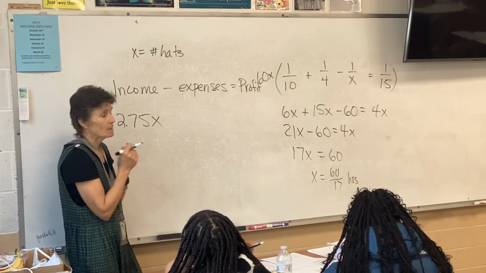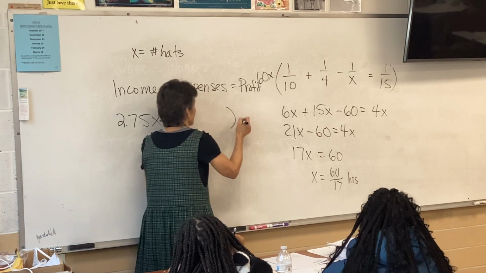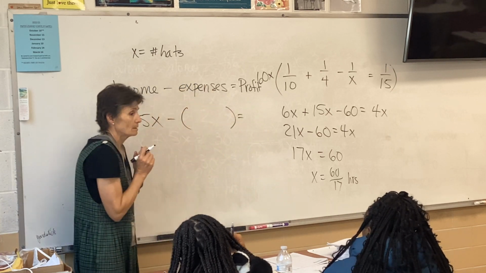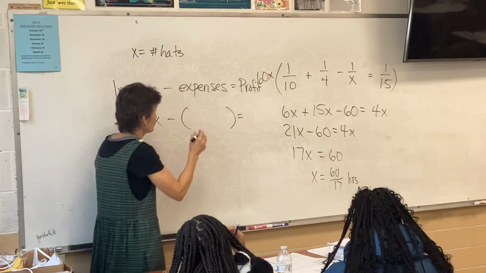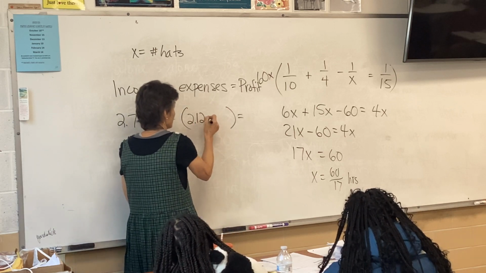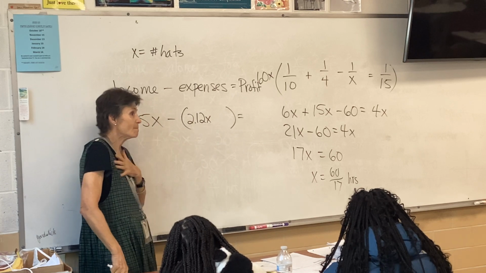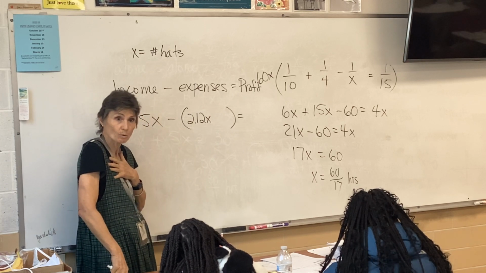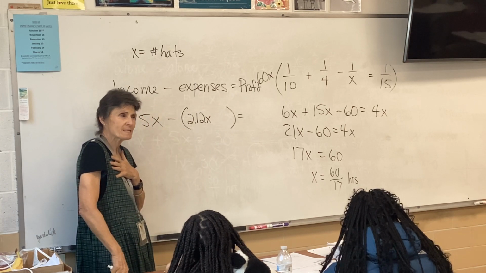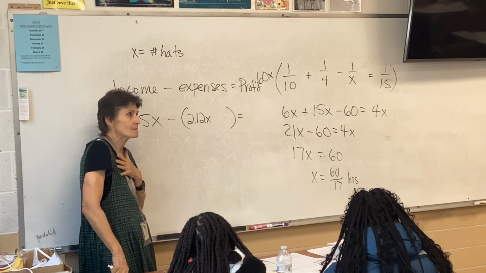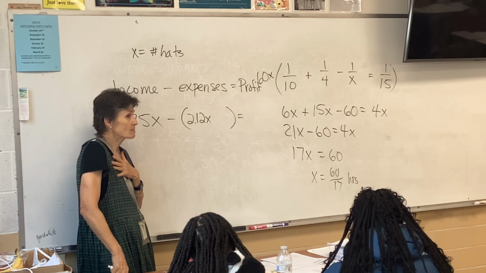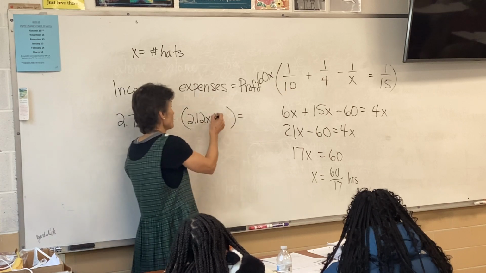Now, what are my expenses? 2.12x, that's part of my expenses, because to make a hat it costs me $2.12. What's the other part of my expenses? 3,000. What's the 3,000?